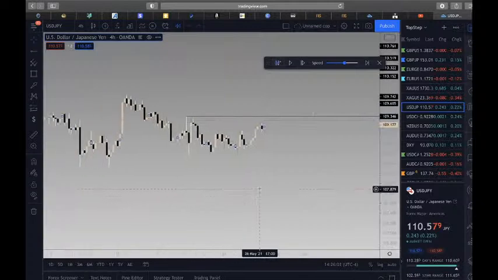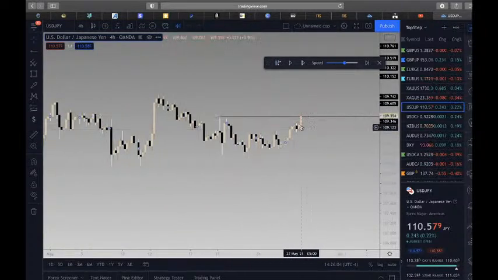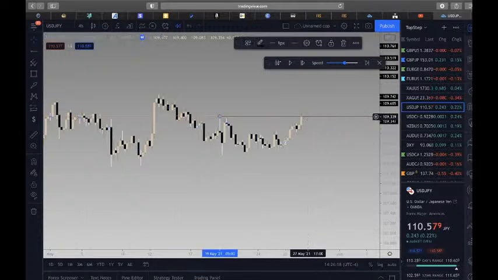Right here, that one candlestick right before that wick was super important, because that means buyers pushed the price up to that point of resistance, and then sellers made sure that it closed right at that point. This true area of resistance might be a little bit higher, right in here at 133.35.